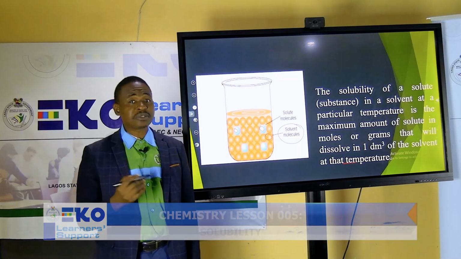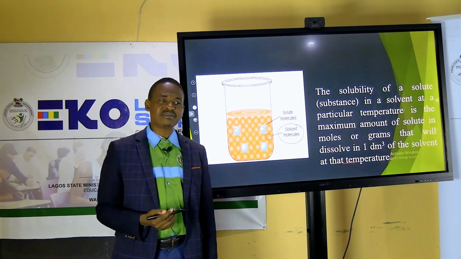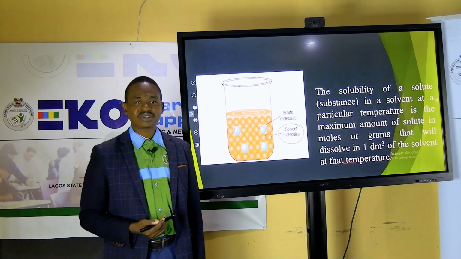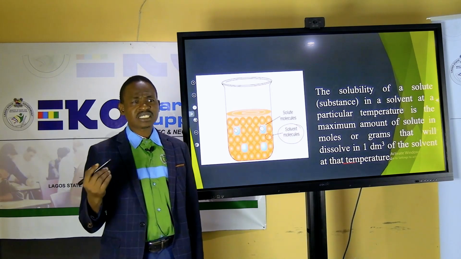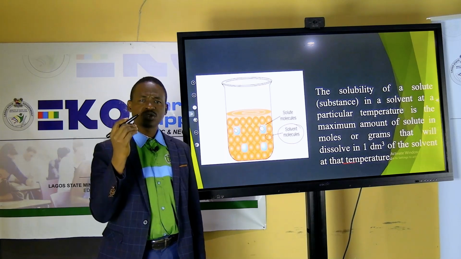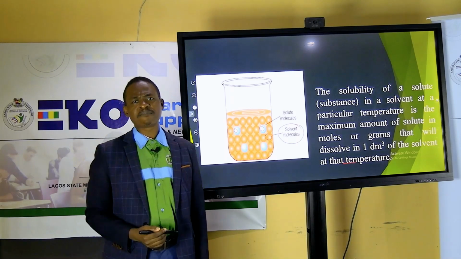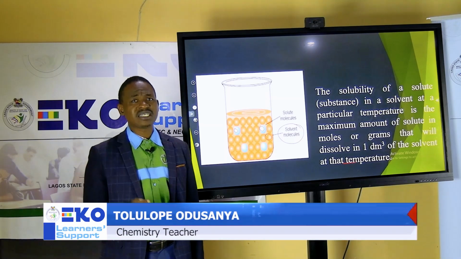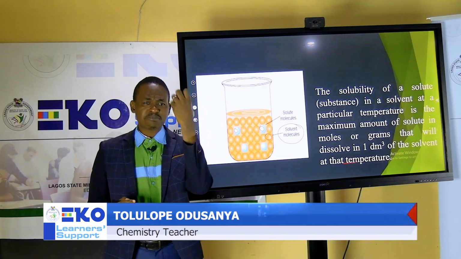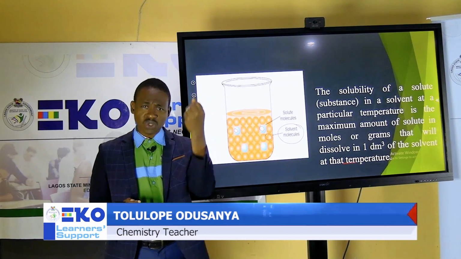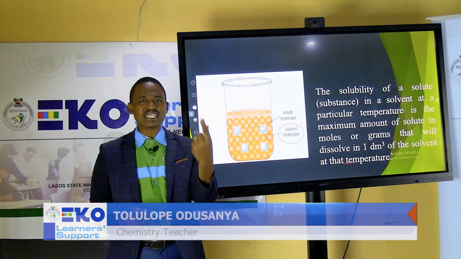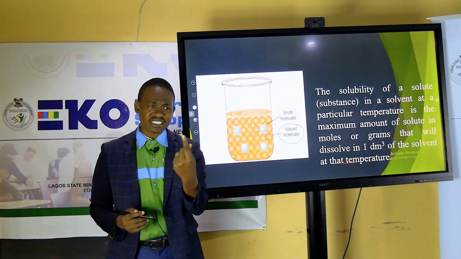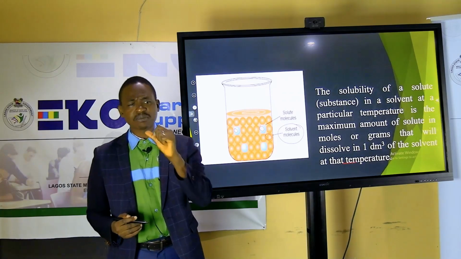And some textbooks may put it in 100 grams or in 1000 grams of solvent at that particular temperature. That's what we call solubility. So when you're talking about solubility, we're talking about the maximum amount of solutes that you can dissolve in 1 dm cube of solvent at that particular temperature.